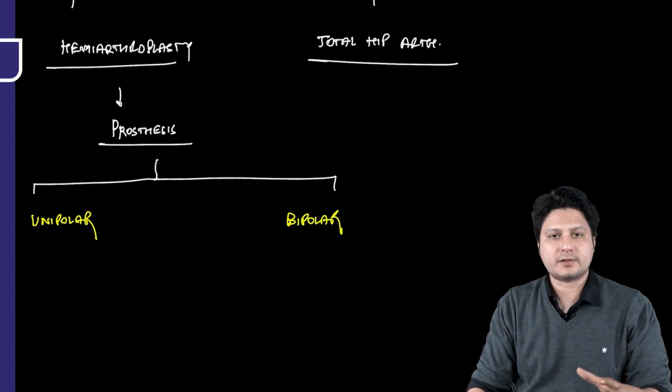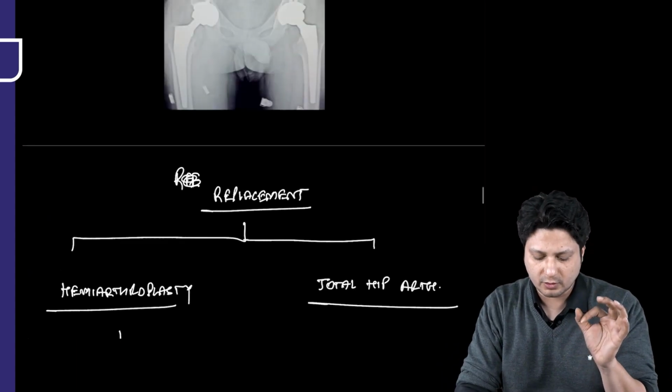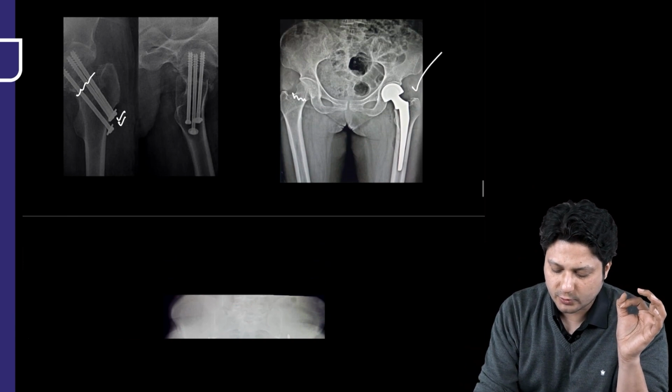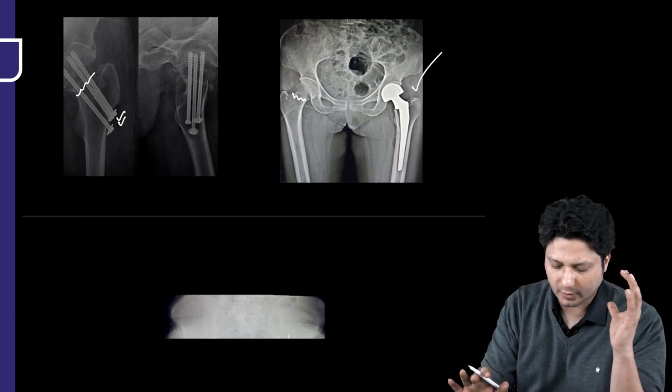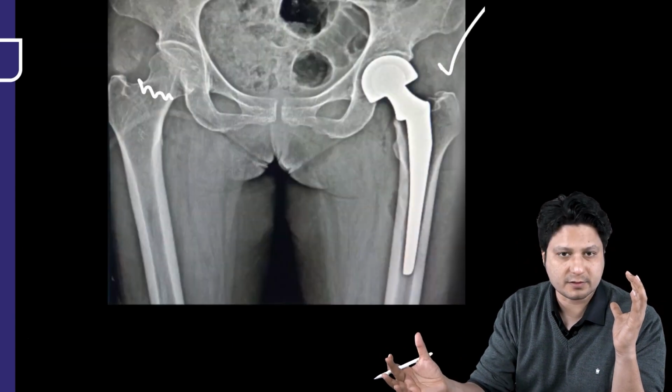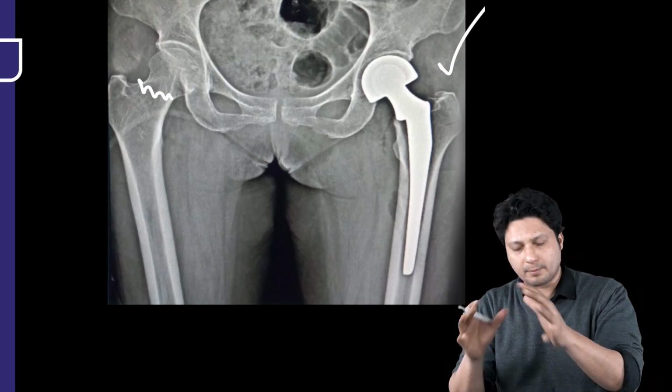First of all, try to understand the difference between total hip arthroplasty and hemiarthroplasty. In hemiarthroplasty, only the fractured head as well as neck is removed and replaced by the prosthesis. You are not covering the acetabulum by any other implant.